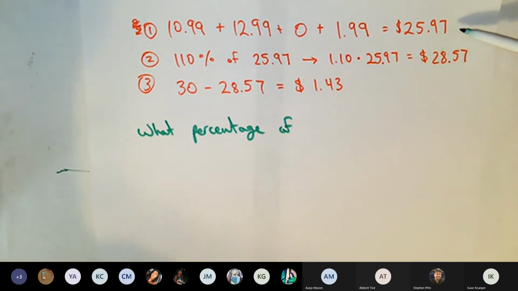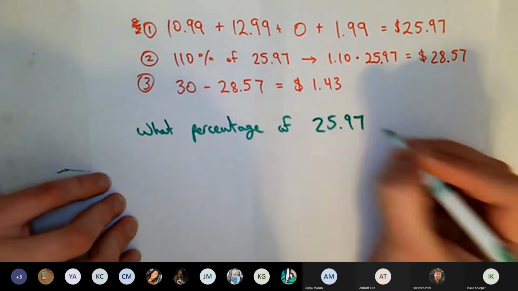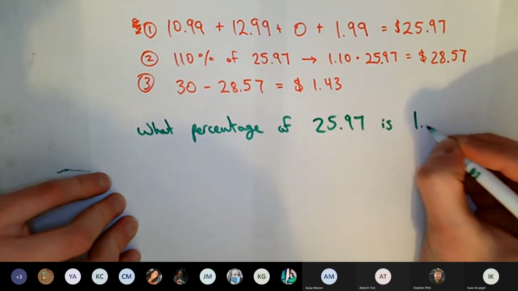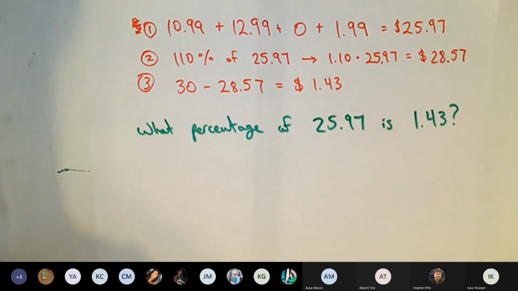So yeah, all right. So what percentage of 25.97, which is that total before tax, is 1.43? So like, it's not 20%, right? Just intuitively you're thinking it's lower. But what percentage is it? How could we figure this out?